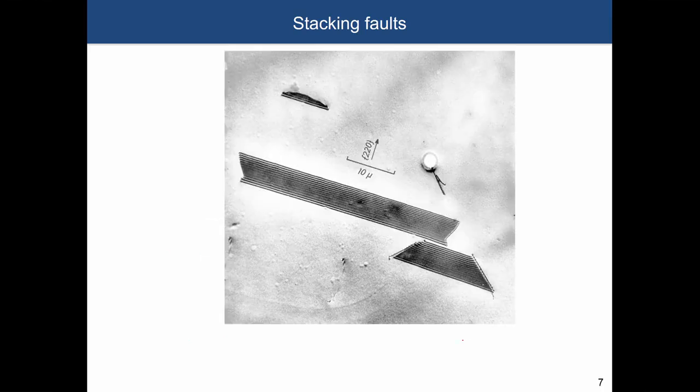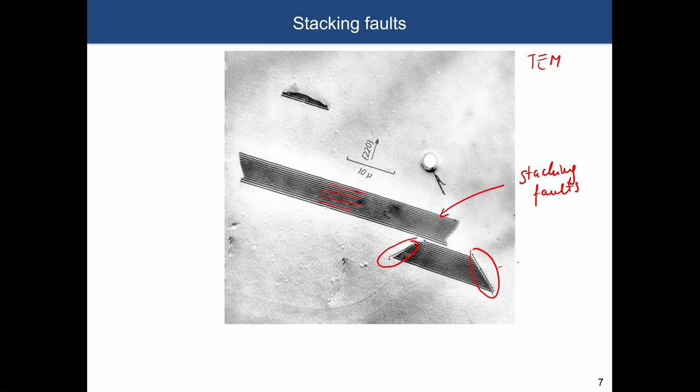This would be a transmission electron micrograph, a TEM image, where these lines here are stacking faults. These parallel lines are just stacking faults that are present in this material. And if you look more closely, you will see that at the edges of these regions that contain the stacking faults, there are individual partial dislocations.